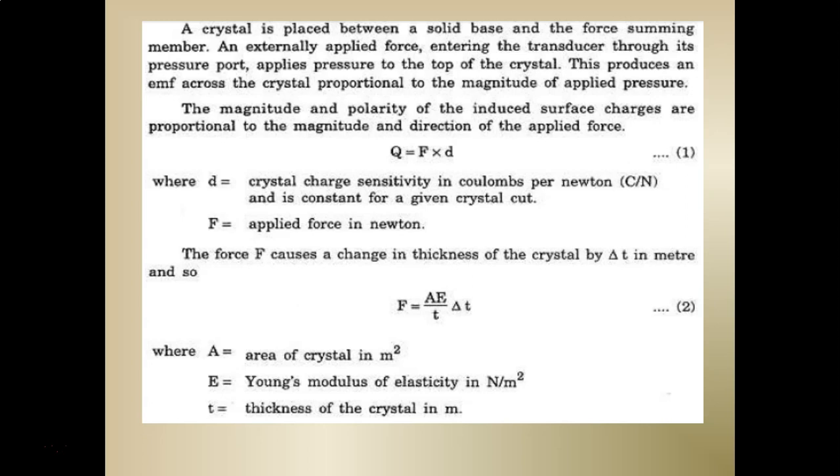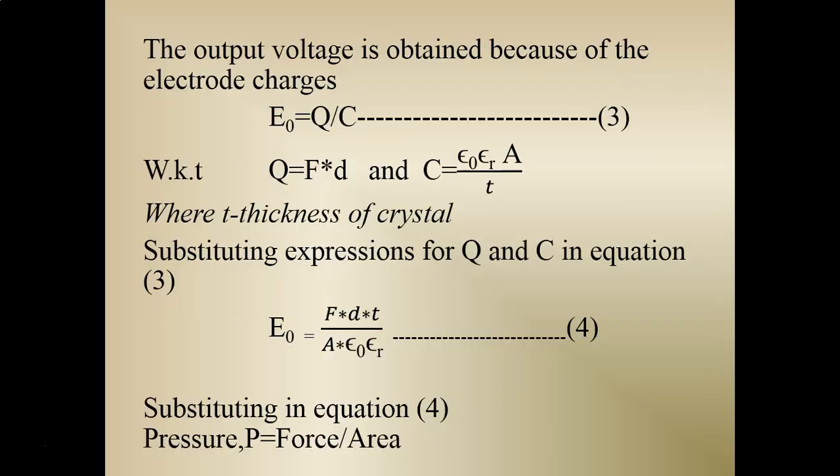The force F causes a change in thickness of the crystal by del T. So when we are applying stress, there will be a change in the shape of the crystal, and that is given by del T. So F is given as A E by T into del T. E is nothing but the Young's modulus of elasticity in Newton per meter square, A is the area of the crystal and T is the thickness of the crystal.